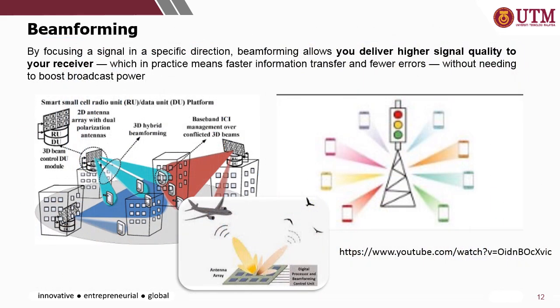Okay, another example of antenna application is beamforming, in which the purpose is to focus the signal in a specific direction. Beamforming allows the system or the base station to deliver higher signal quality to the receiver, meaning faster information transfer and fewer errors, without the need to boost or increase the broadcast power. When the power is increased, the costs may increase as well.